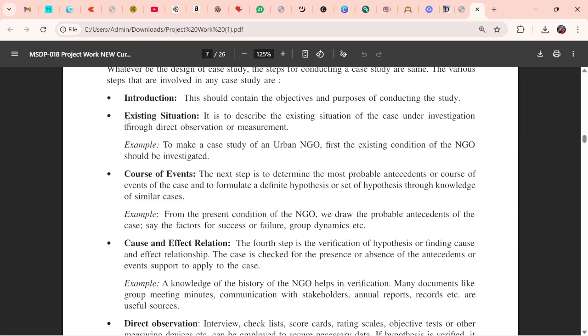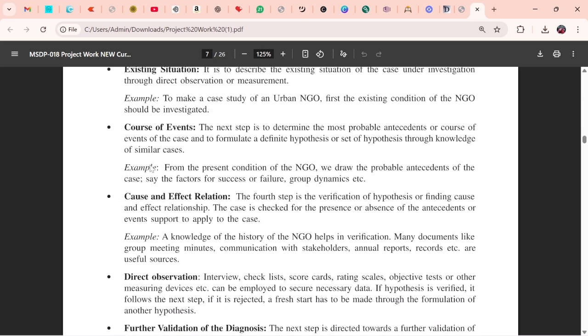Now, course of the events. The next step is to determine the most probable antecedents or course of events of the case and to formulate a definite hypothesis or set of hypotheses through knowledge of similar cases.